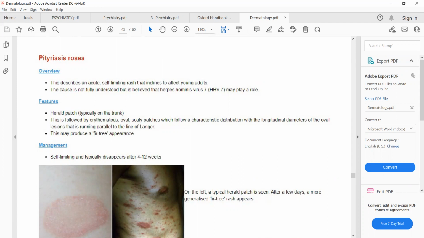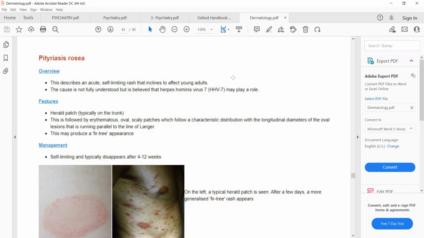Now our next topic is Pityriasis Rosea. In the previous lecture, we discussed Pityriasis versicolor. Can someone tell me what are the features of Pityriasis versicolor? What does versicolor mean? You mentioned yesterday that it means discolored, or can change color.